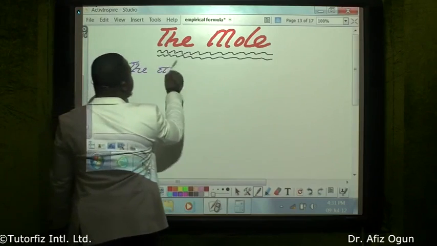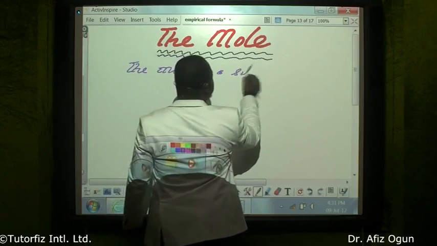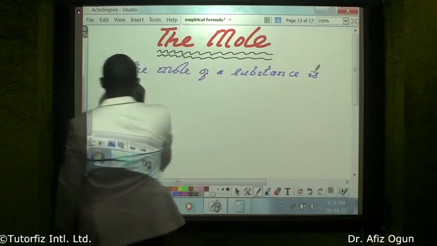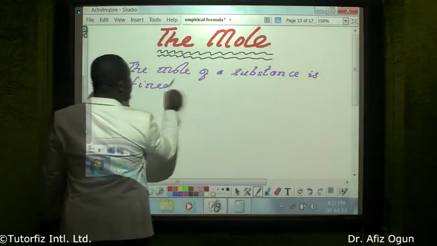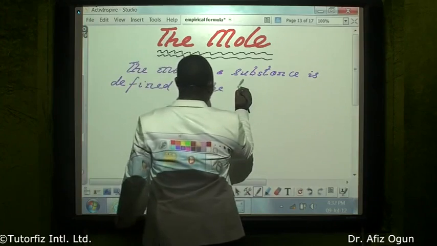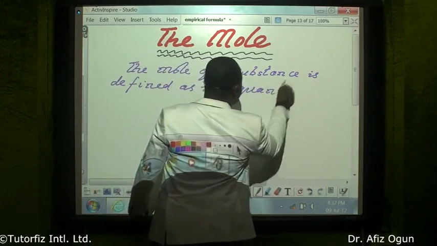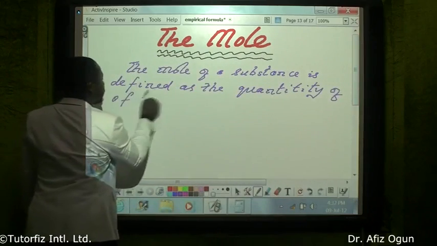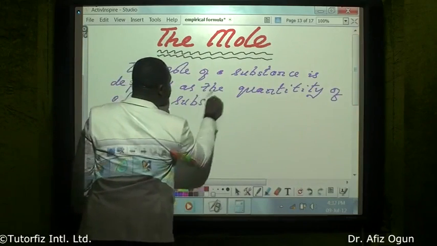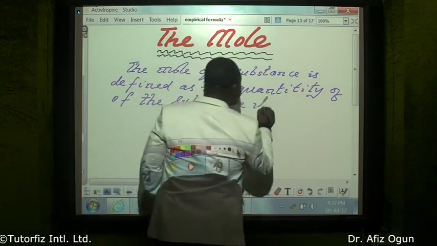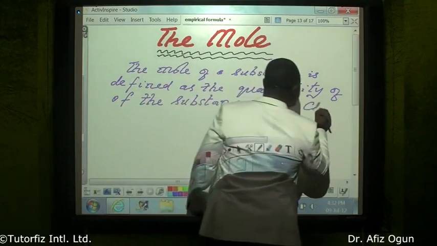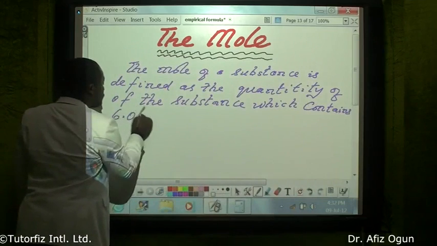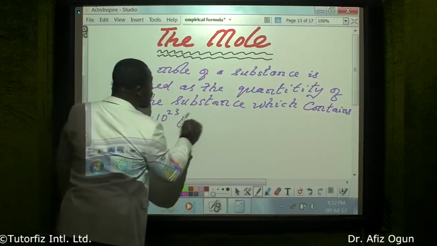The mole of a substance is defined as the quantity of the substance which contains 6.02 multiplied by 10 raised to power 23 particles of that substance.